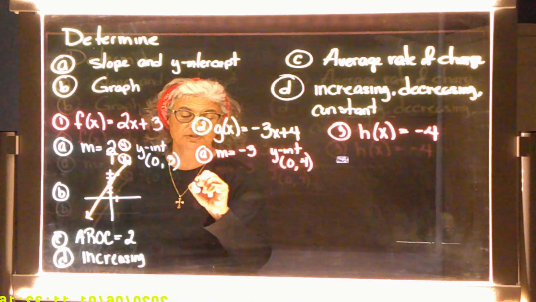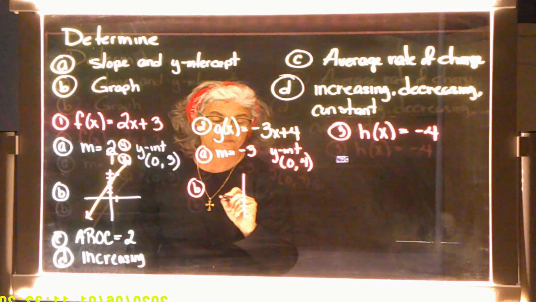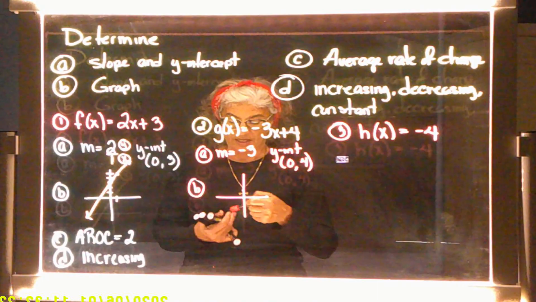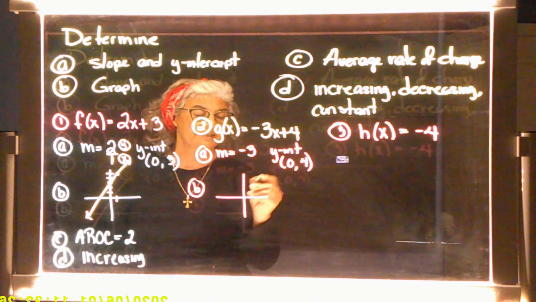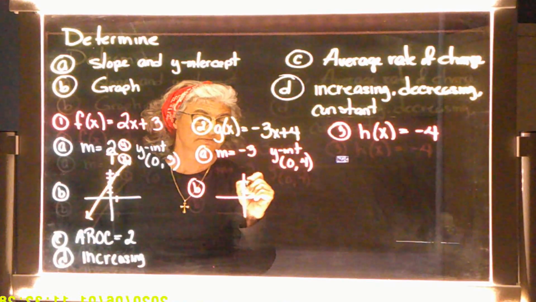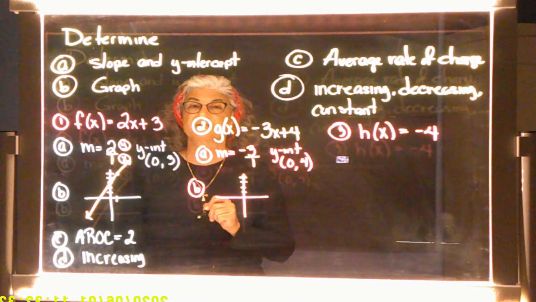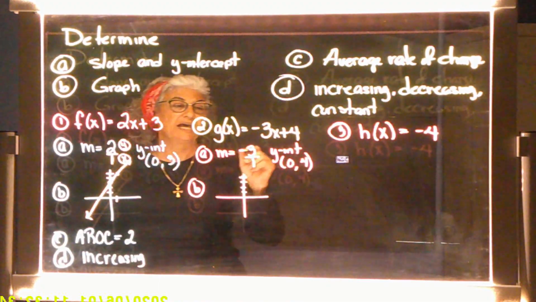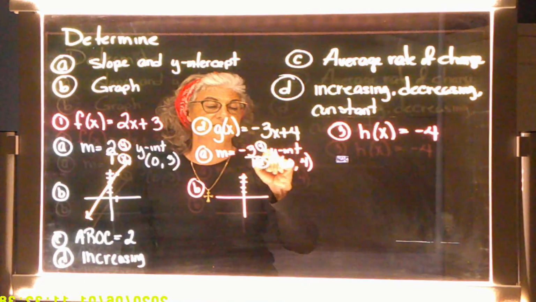Part B wants you to graph it. Okay, we can graph. And the only point I have is (0, 4). Now remember, the slope should always be written as a fraction. And the top number is the y value, the bottom number is the x value.